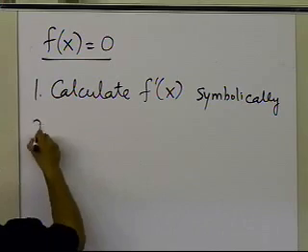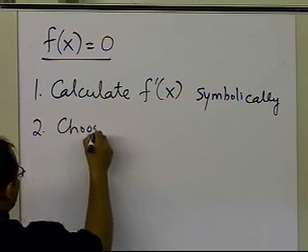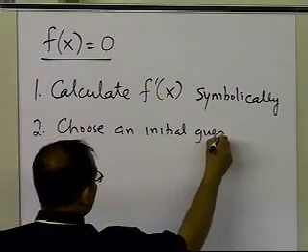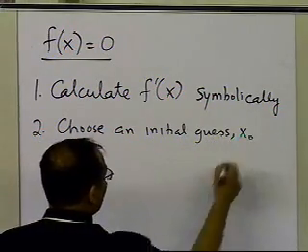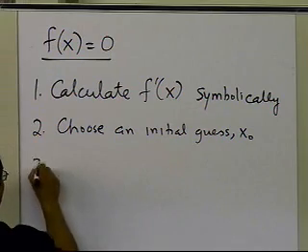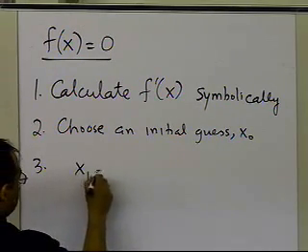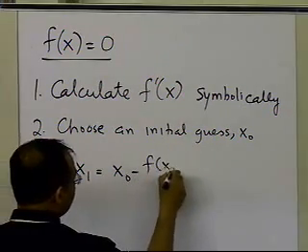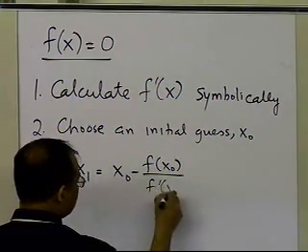Once I've done that, I choose an initial guess. Let's suppose I call it x naught. Then I find my x1 from the formula: x1 will be x naught minus f of x naught divided by f prime of x naught.